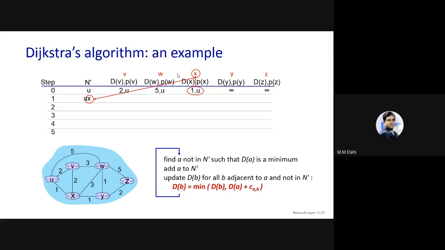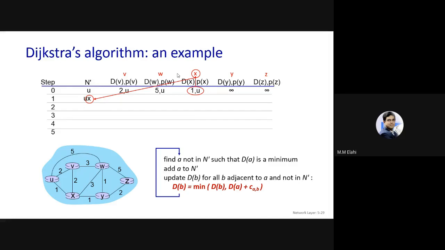Because in every step, we'll select such a node and add it into the N prime, and there will be a time when all the nodes are in N prime. That is the end of creating this table from where we can generate the forwarding or routing table in a very short amount of time. So this is the main step of Dijkstra's algorithm.